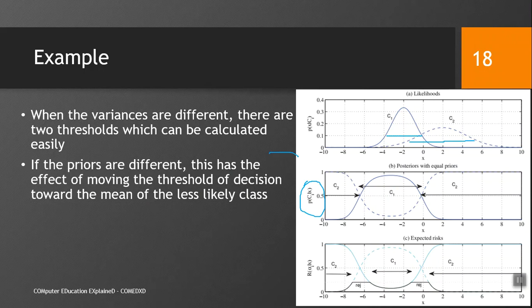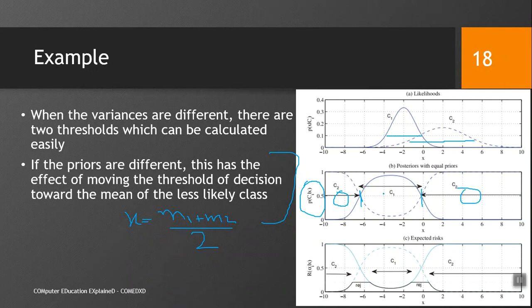We discuss this point later on, but here we can see that the posteriors with equal priors have this kind of two thresholds, right, and if we use the formula like this previously, m1 plus m2 divided by 2. So if the value of x lies in this region, we give this class to x. If the value of x lies in this region, we give class C2 to our x.